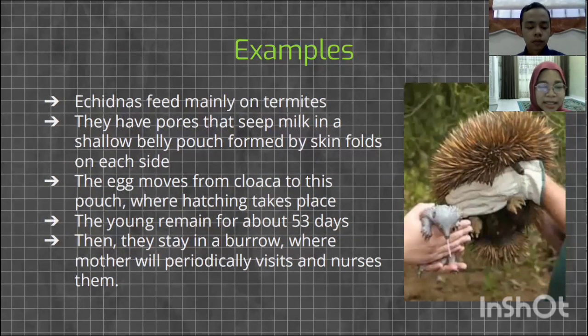The milk only flows from those pores, and then the egg will move from the cloaca to this pouch where hatching takes place. The young will remain for about 53 days in the mother's pouch. Then they stay in a burrow where the mother will periodically visit and nurse them.